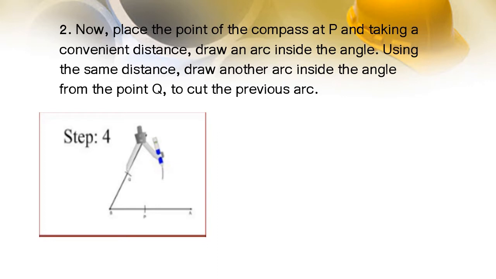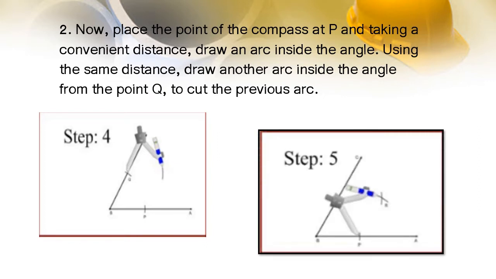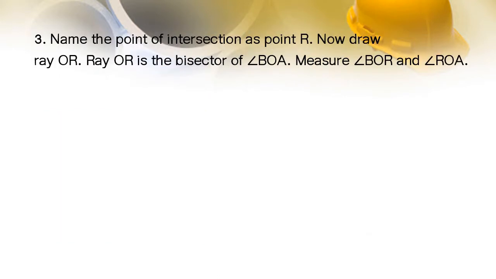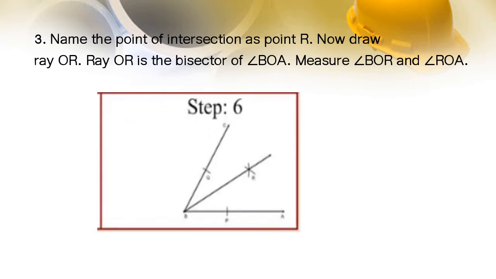And using the same distance, now don't move the compass. Using the same distance, draw another arc inside the angle from point Q, intersecting the previous arc. This way these two arcs will intersect each other. Now, this is the point of intersection, right? Name the point of intersection as point R. Now draw ray OR.